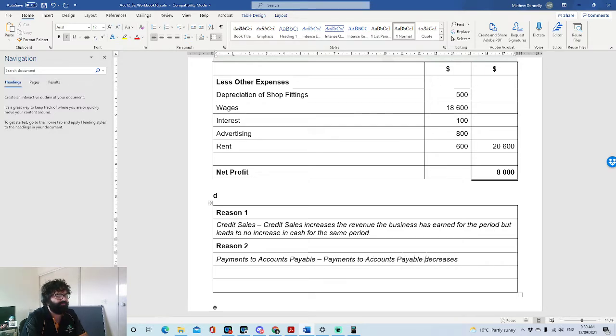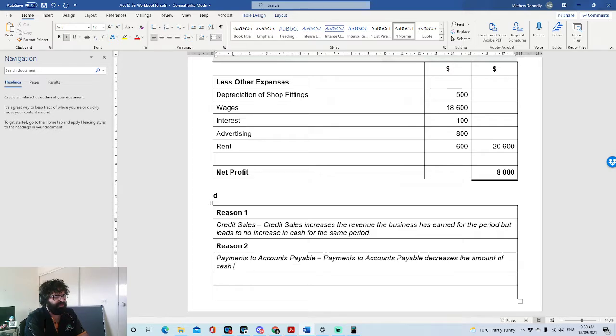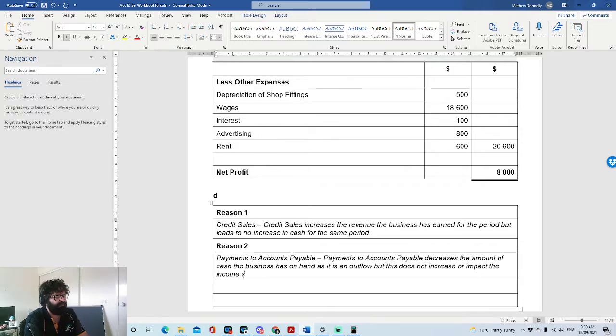Nice little fix up. Decreases the amount of cash the business has on hand, as it is an outflow, but this does not increase or impact the income statement.